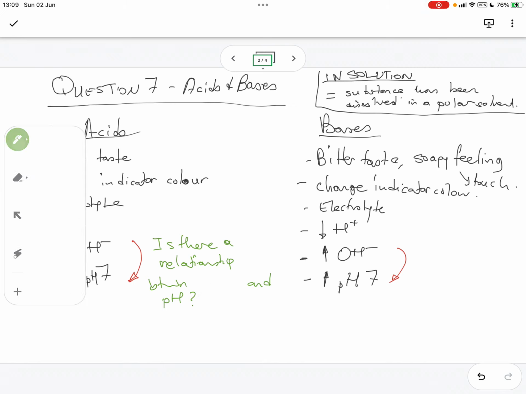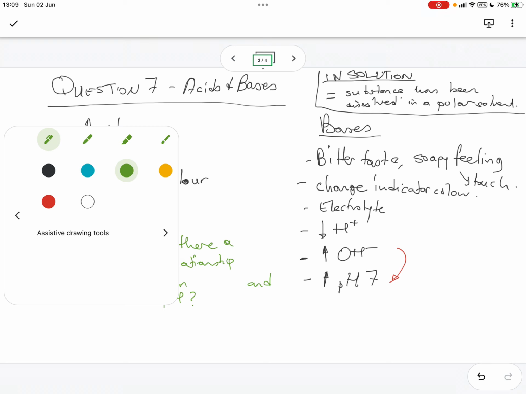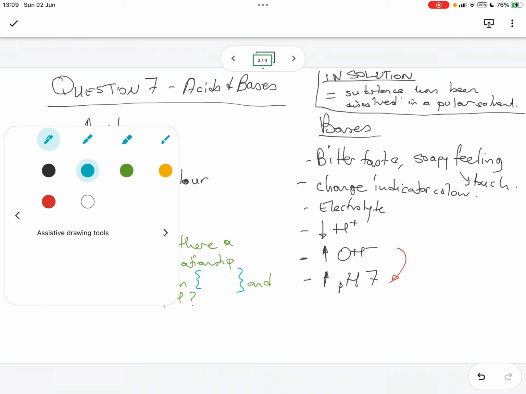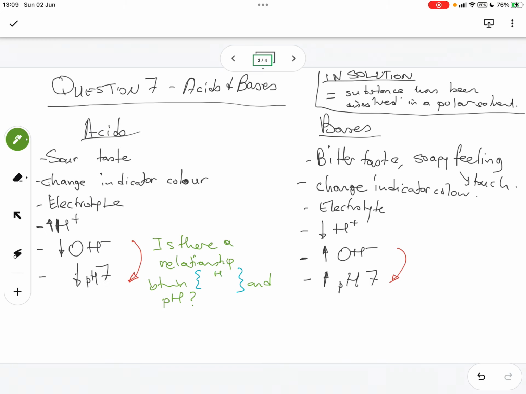So in fact, you can say, is there a link between the hydroxyl ions and the hydronium ions? So I'll just bracket it like this and put in H plus and OH minus. Because the hydroxyl ions increase and the pH also increases. But the hydronium ions increase and the hydroxyl ions decrease and the pH also decreases.